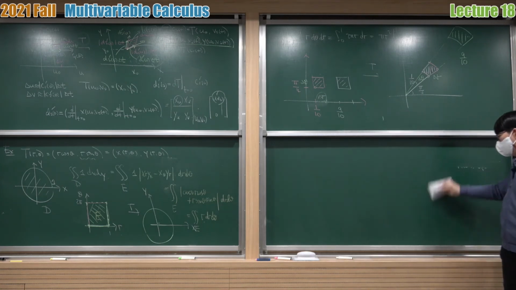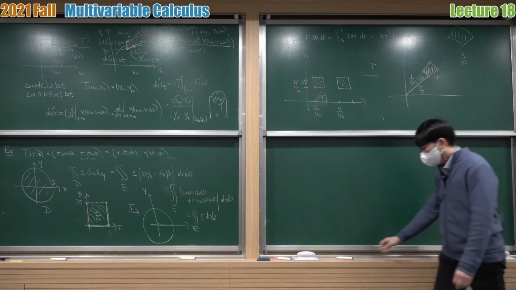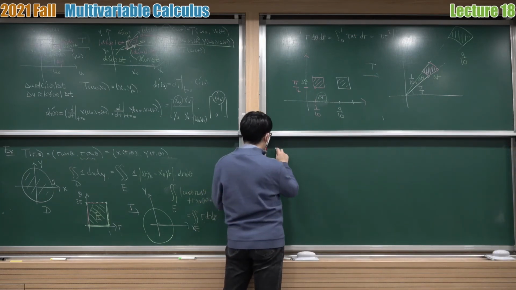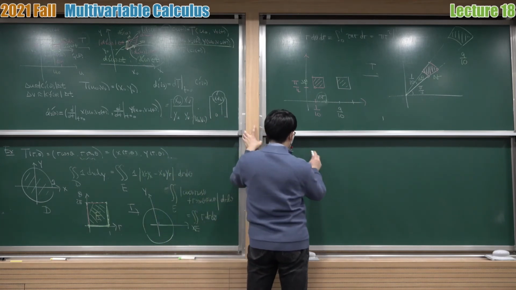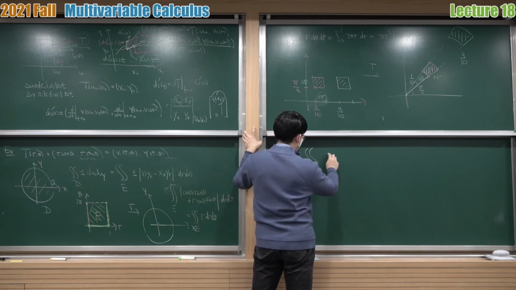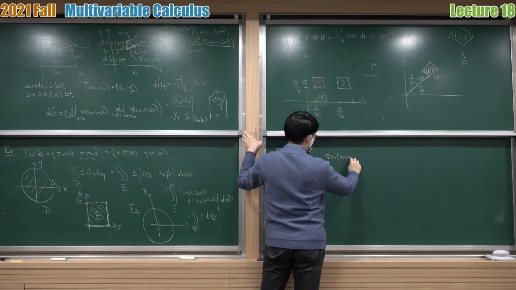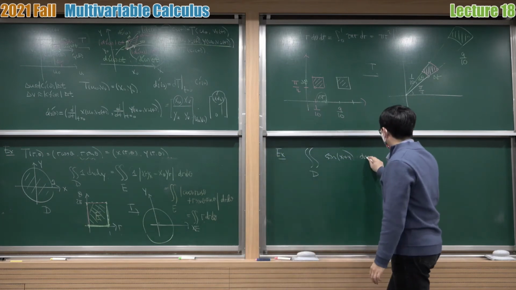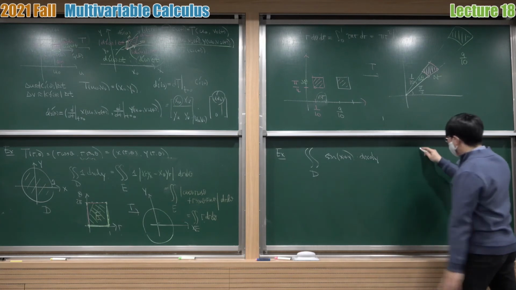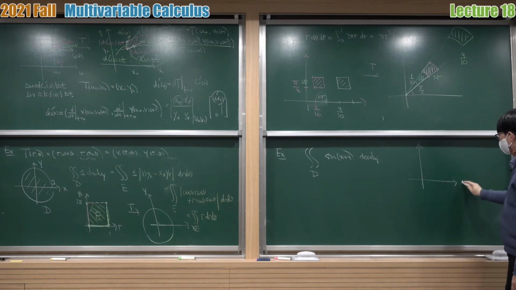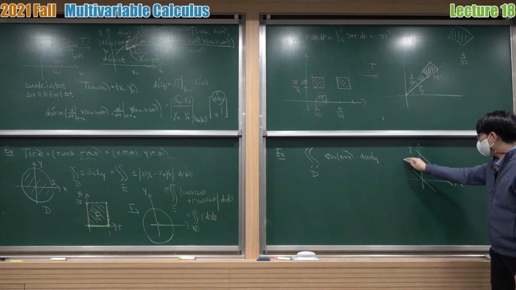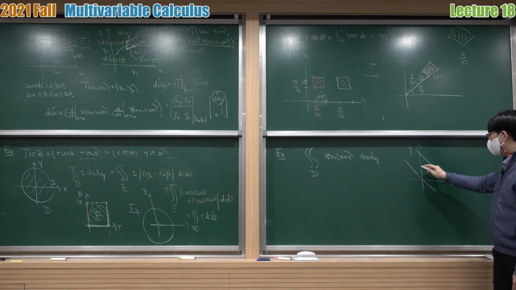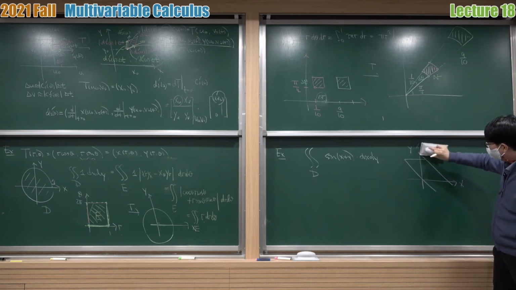Of course, you can have some situation where the Jacobian is constant. So let's say another example. I want to compute the integral of sine of x plus y dx dy on the domain D, where, let's say, I want to make a parallelogram here.